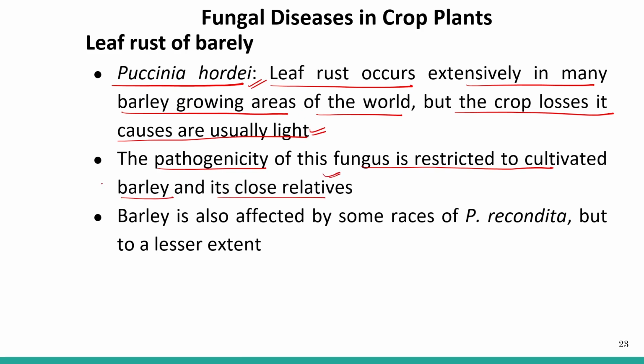So not only does it infect the barley plant, but it also infects close relatives of this plant. Barley is also affected by some races of Puccinia recondita, but to a lesser extent. It means that they can also get infected by Puccinia recondita. But basically, the main fungus that infects barley is Puccinia hordei.